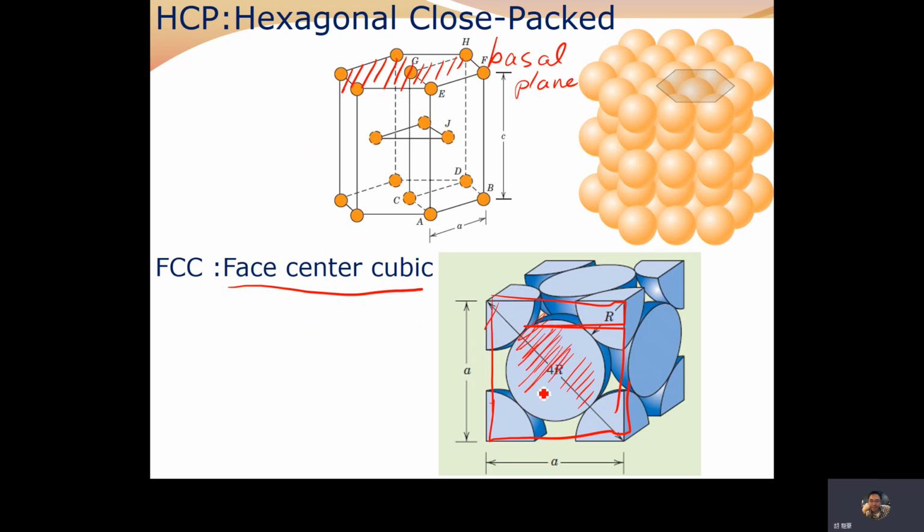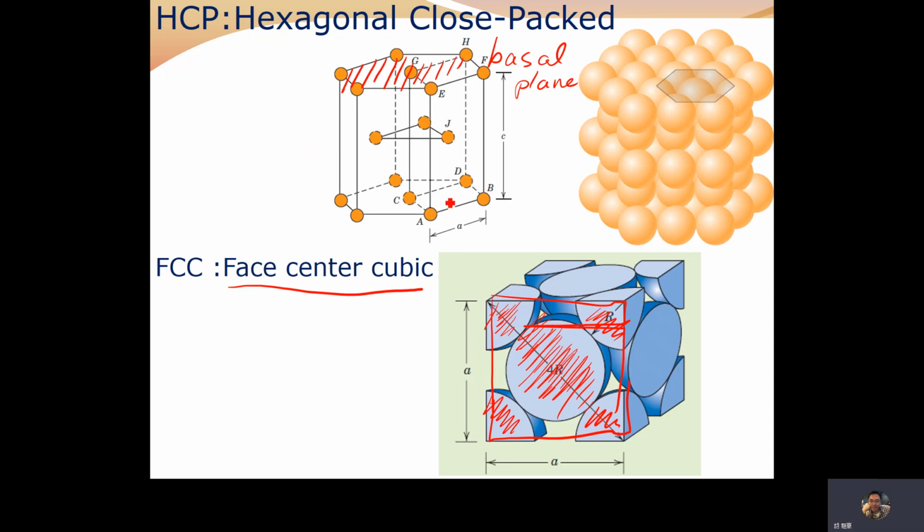It should be half an atom. And we have the other atoms at the corners, right here and here. It's called the face center cubic.